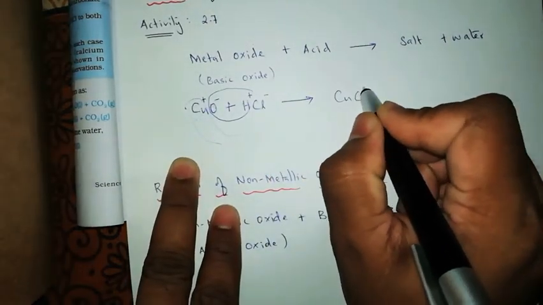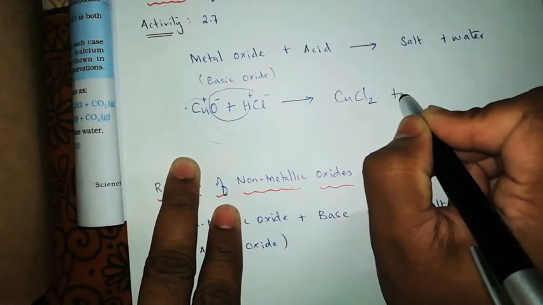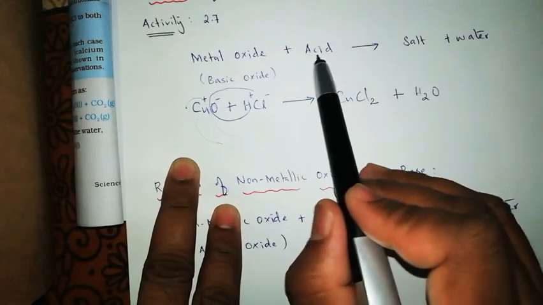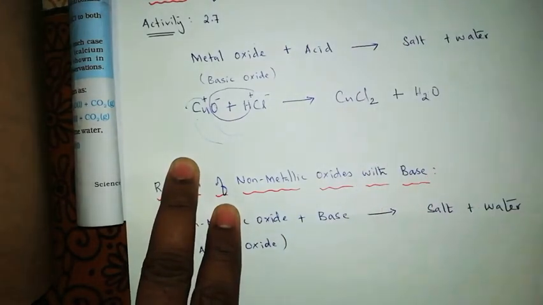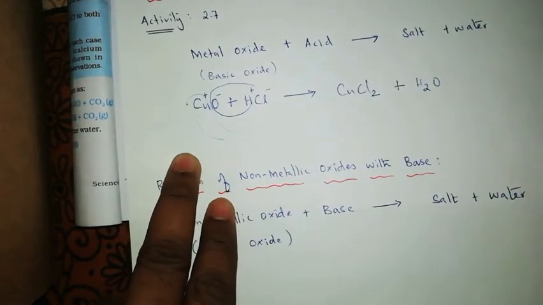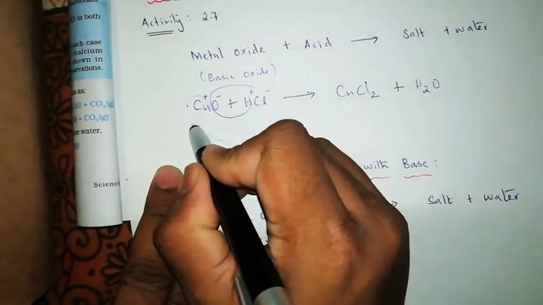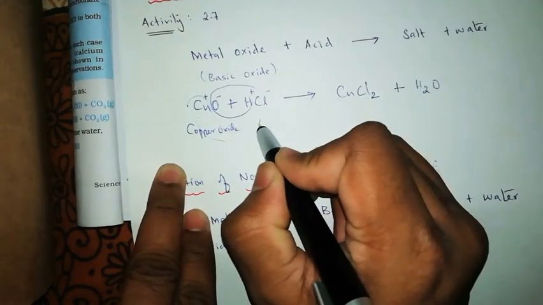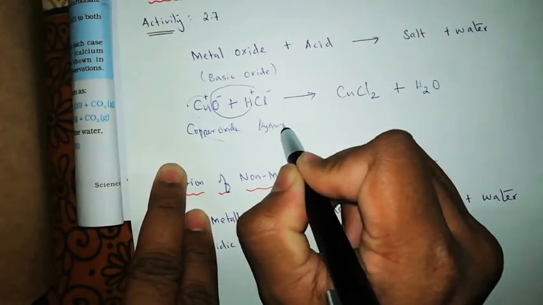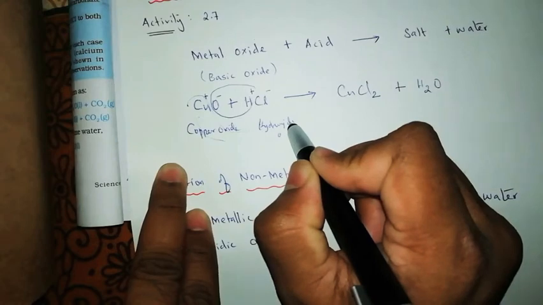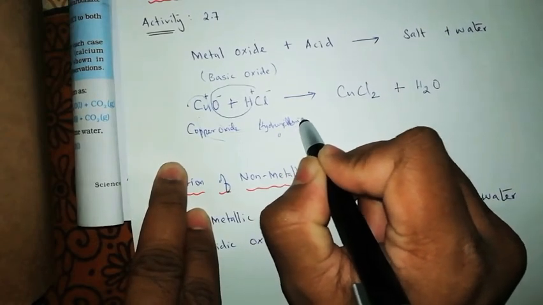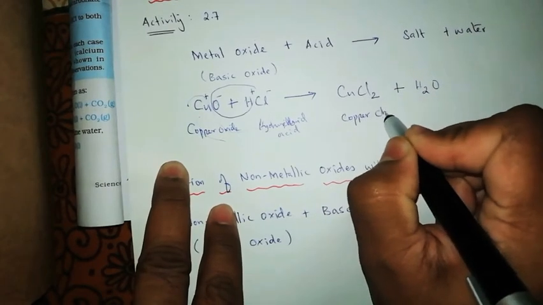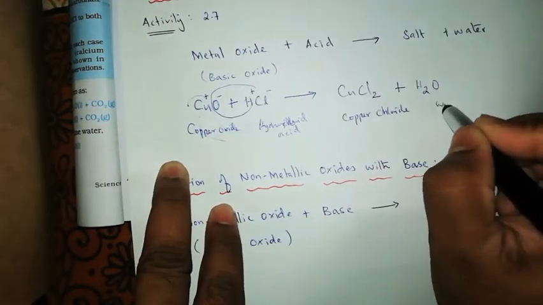So it becomes copper chloride plus H2O. So when a metallic oxide combines with acid, it gives salt and water. Okay, copper oxide, a metallic oxide, combines with hydrochloric acid, it gives copper chloride and water.